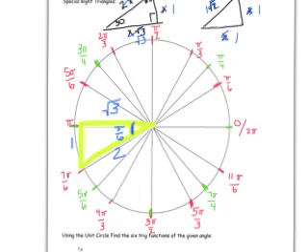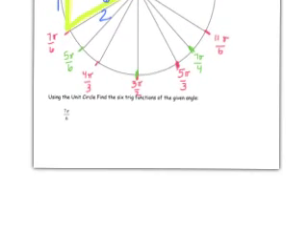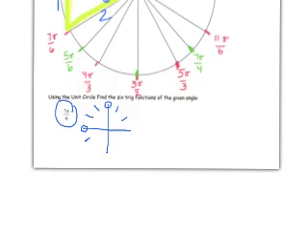Okay? So once again, I might suggest, rather than coming up here and redrawing each triangle, when you're given a problem like this, say, okay, well, where is 7 pi over 6? So think to yourself, this is 1 pi over 6, 2 pi over 6, 3 pi over 6, 4 pi over 6, 5 pi over 6, 6 pi over 6. This is 7 pi over 6. So now draw that triangle.